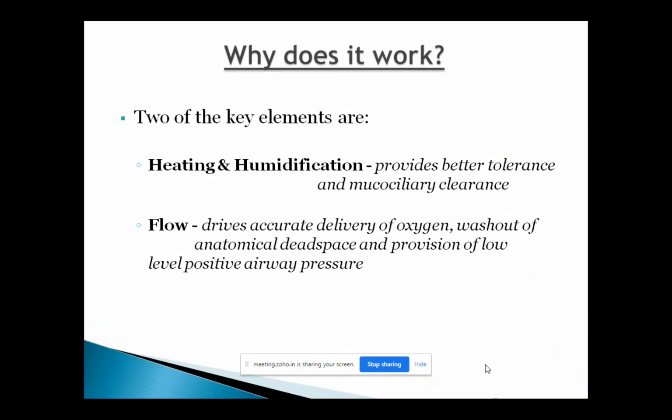Basically what the machine does is it sucks the room air and produces the flow you want the patient to get. The aim of the flow is to exceed the inspiratory demand. Everybody has an inspiratory demand. For example, when you breathe in, the amount of air that flows into your nose is because of the demand you have.